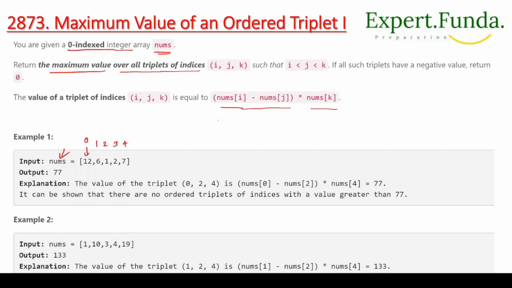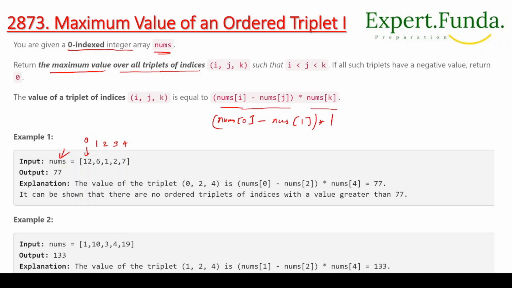Now nums of i is what? Nums of 0, minus nums of j. If we put j as 1, and another we can put nums of 3 to multiply, right? Nums of 3 we have 2, nums of 2 we have 1.